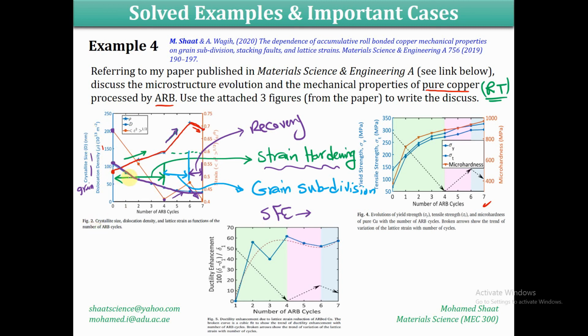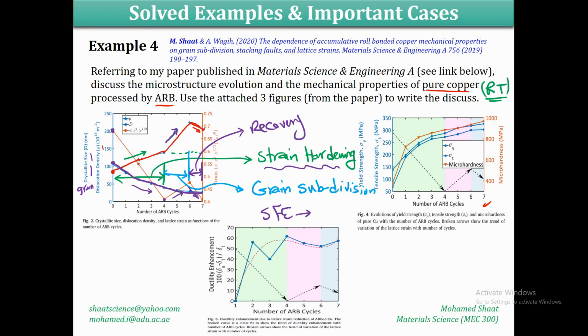But after the first cycle, the second cycle, the third cycle, it keeps on decreasing. So we have a continuous decrease in the grain size with further rolling of the pure copper by accumulative roll bonding. So as we increase the number of cycles, the grain size is going to decrease. So these are the data that we can understand and extract from this figure.